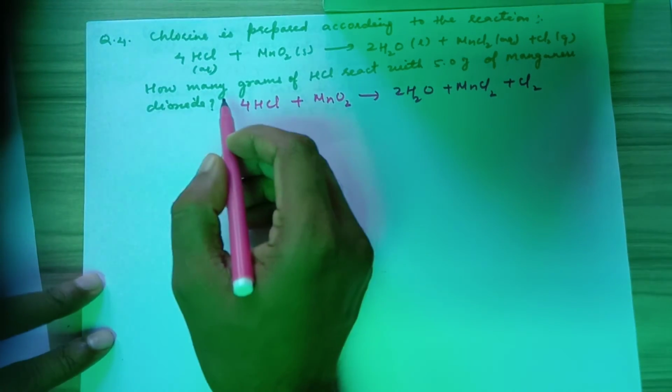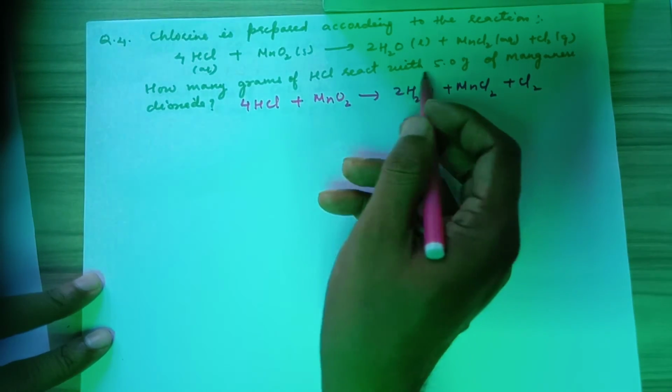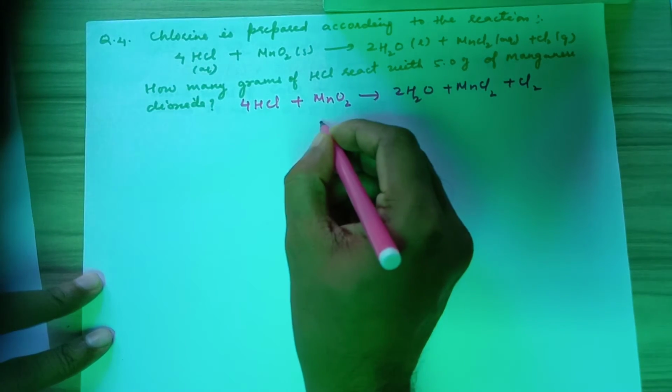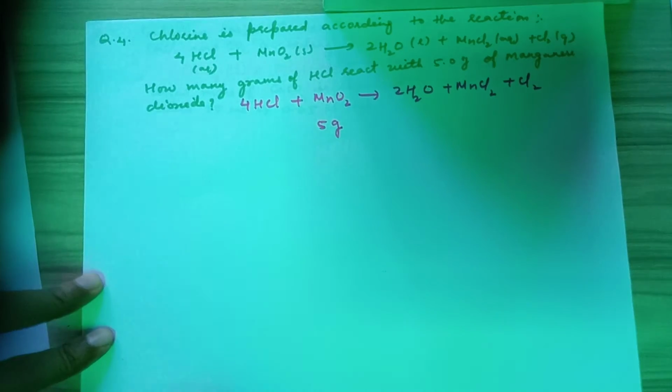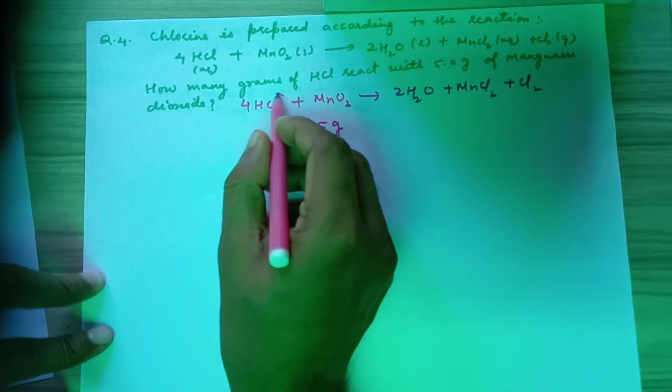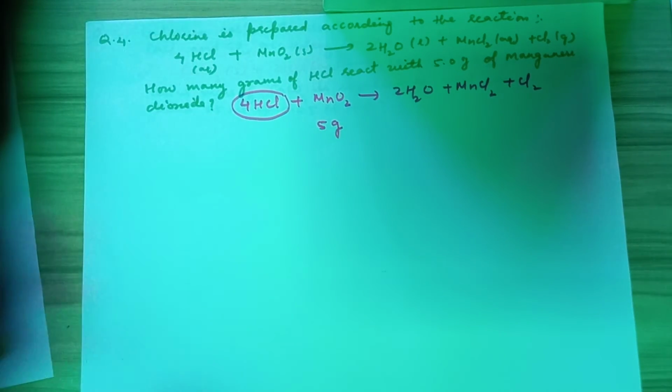Now here it is given: how many grams of HCl react with 5 gram of manganese dioxide? So manganese dioxide is given as 5 gram and we have to find the amount of HCl.